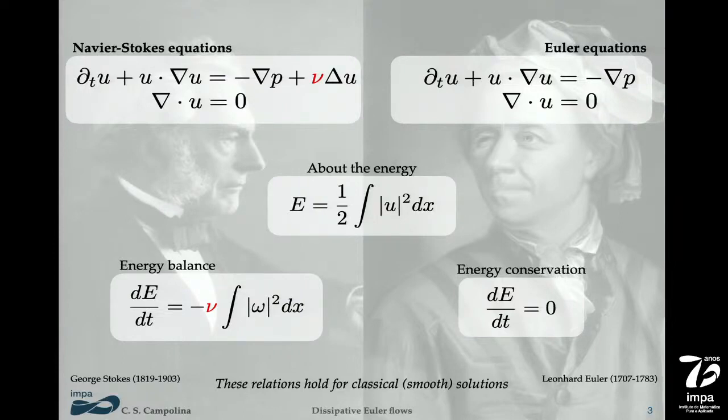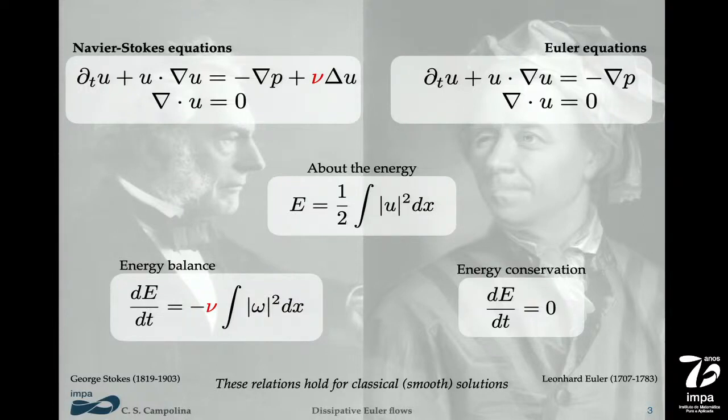And if we want to study the time evolution of the energy, we may differentiate in time and substitute the Navier-Stokes equations or the Euler equations, and after several manipulations, we obtain a balance for the energy.